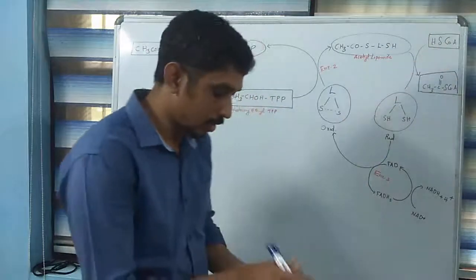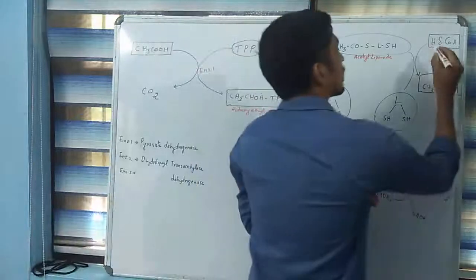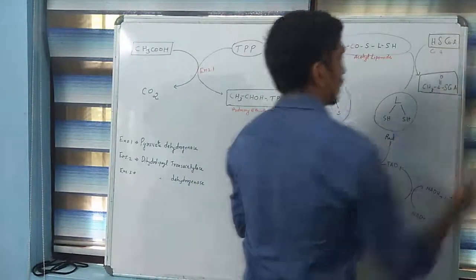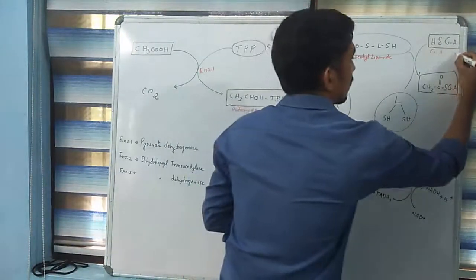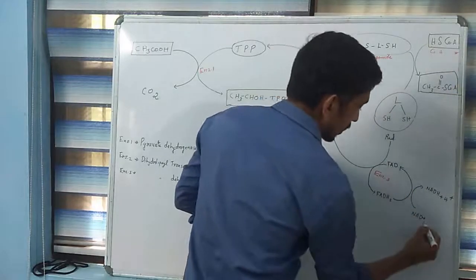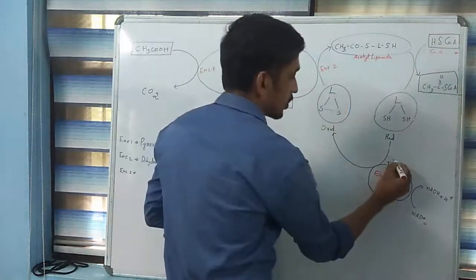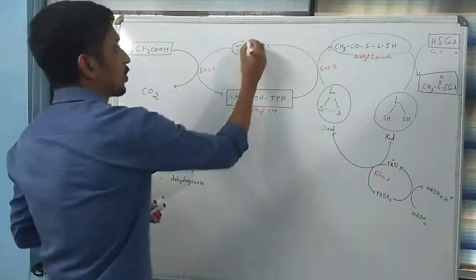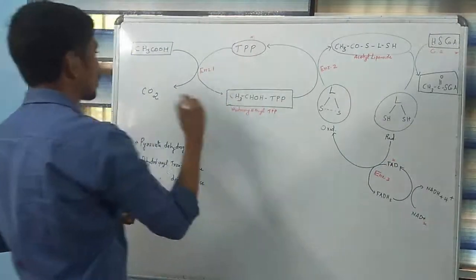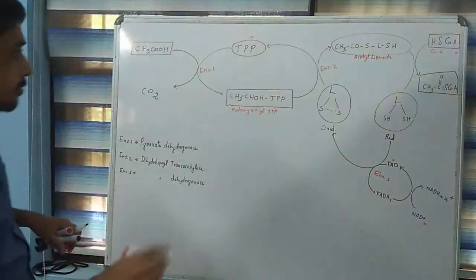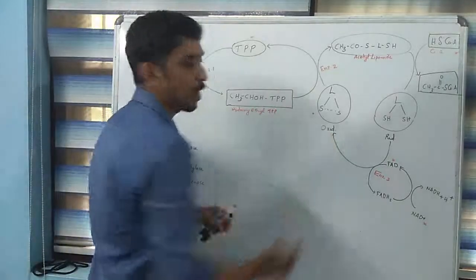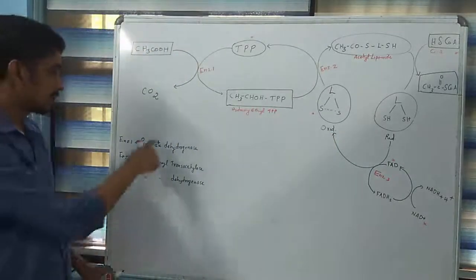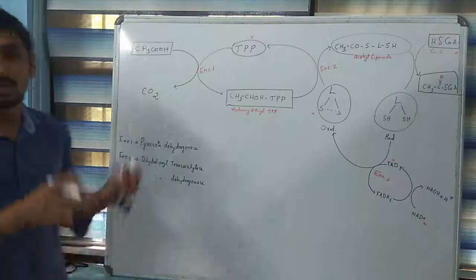This is coenzyme A, this is CoA. So one is here, and one is here, and like that. These are the 5 coenzymes, and these are the 3 enzymes.